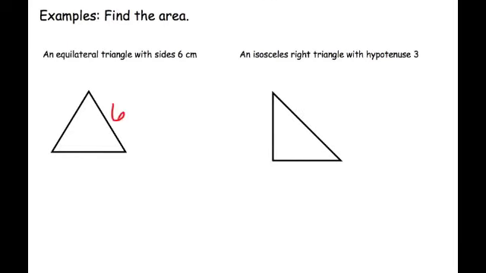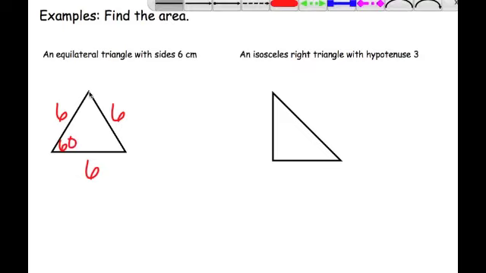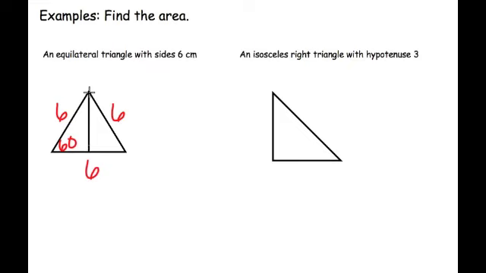An equilateral triangle, all the sides are going to be 6, and all the angles are 60 degrees. So we're going to drop in an altitude, which is also going to be the height of the triangle, which breaks up the base into 2 parts, 3 and 3. So we have a 30, 60, 90 degree triangle, so that means the height is going to be 3 square root of 3.